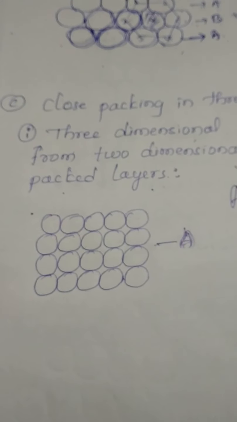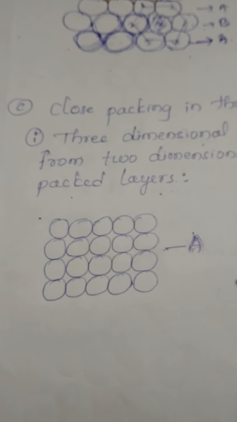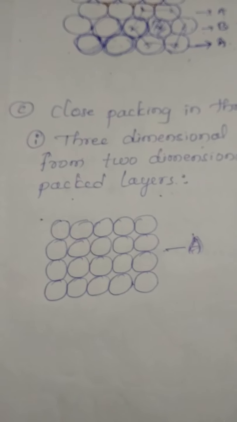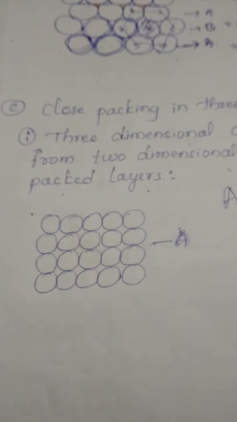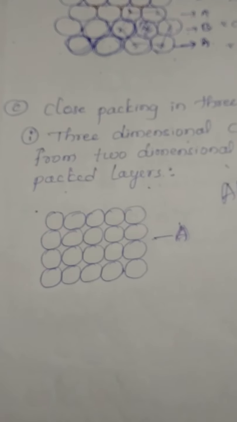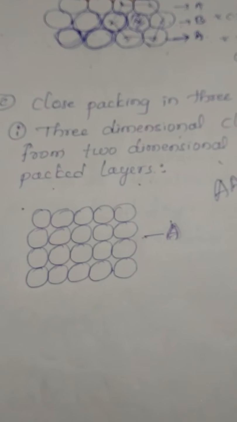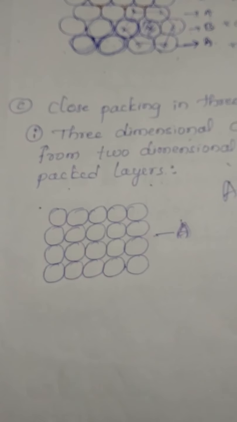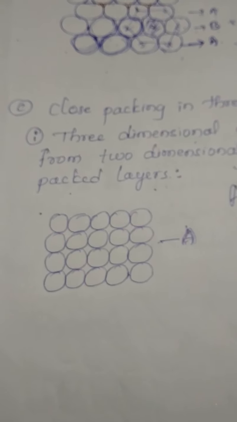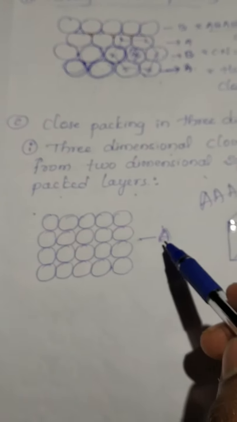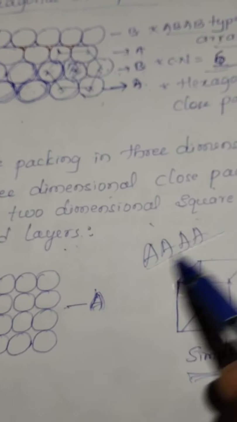Similarly, place the third layer over the second layer, and the spheres of the third layer and second layer are exactly aligned with the first layer, horizontally as well as vertically. And if we place the fourth layer over the third layer, the spheres of the fourth layer are exactly aligned with the second layer as well as the third layer as well as the first layer. Hence, this type of arrangement is called AA type arrangement.